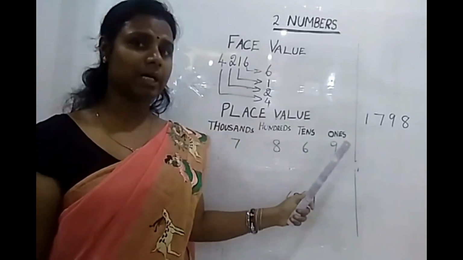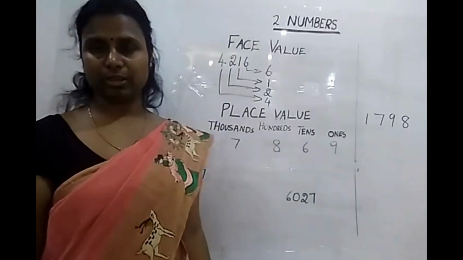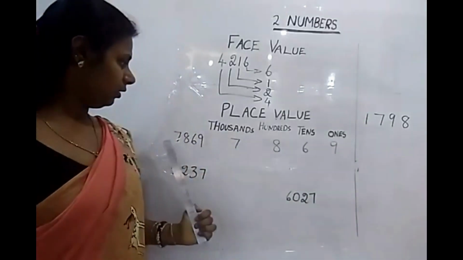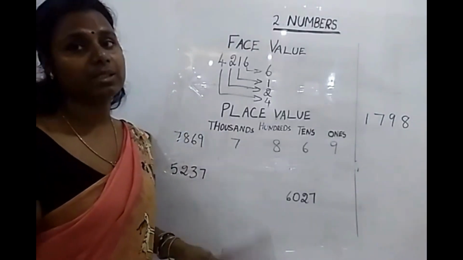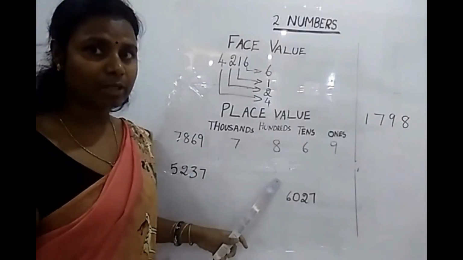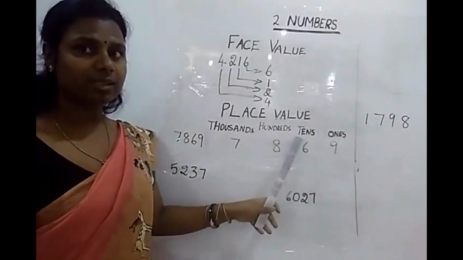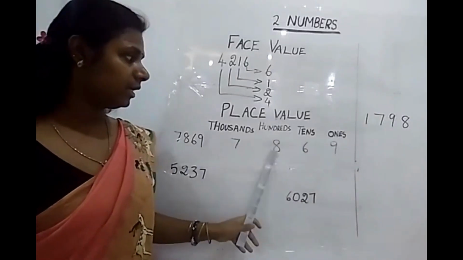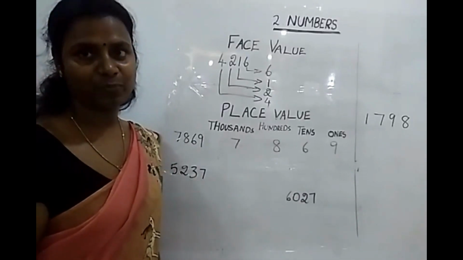Again I am repeating, ones, tens, hundreds, thousands. So here I have given one number, 7869. Shall we write this number in the place value chart? 9 is in ones place, 6 in tens place, 8 in hundreds place, and 7 in thousands place.